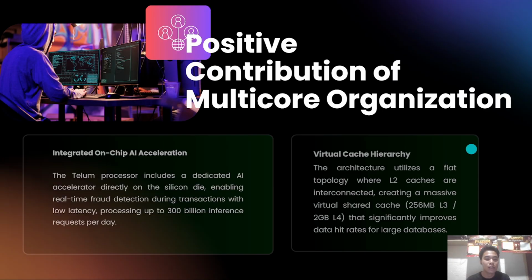This enables processing up to 300 billion inferences daily. Second, its unique virtual cache hierarchy means that if one core needs data it doesn't have locally, it can instantly access the cache of a neighboring core via the high-speed ring. This effectively creates a massive pooled L3 and L4 cache, drastically reducing memory latency for massive enterprise databases.